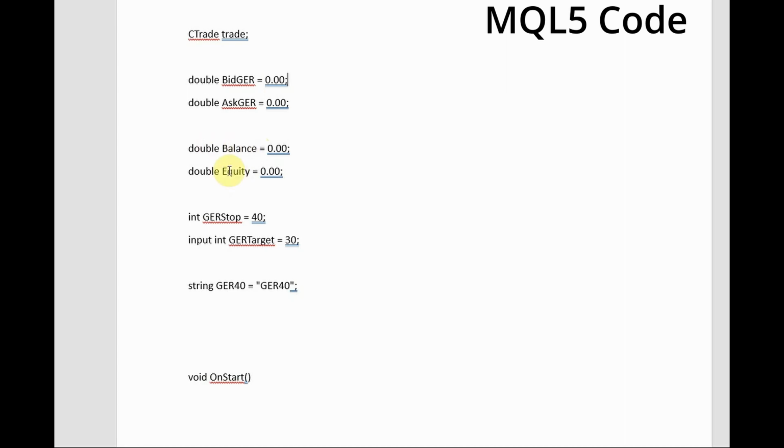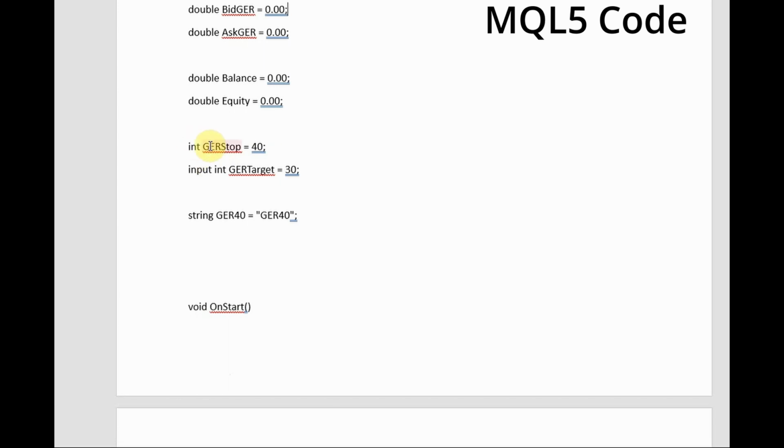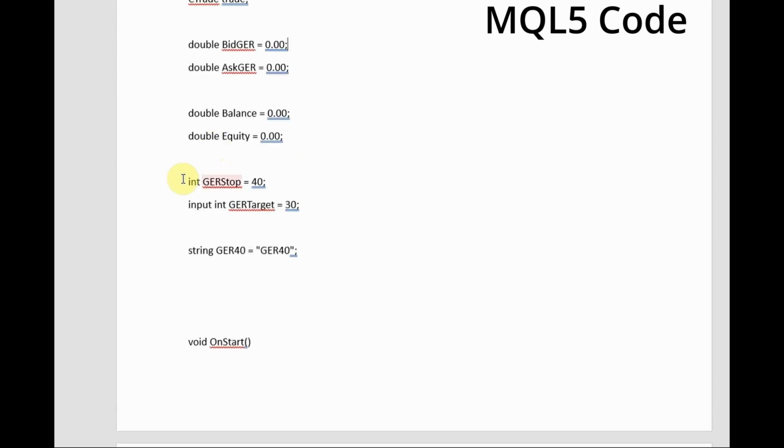So here it's the balance, then we've got equity, calling an integer here as GERstop, and that's the stop loss I want to use in my trades, which is 40 points, or basically later on we'll show that it's price, so whatever the price is now, for a buy order will take away 40 points to get the stop loss figure. The input int for GERtarget is 30.